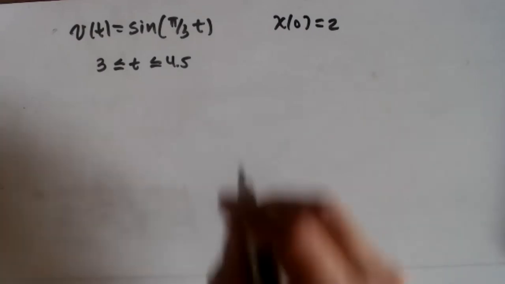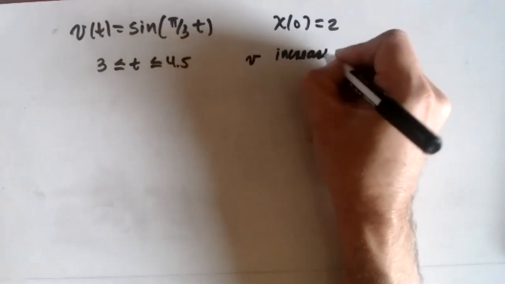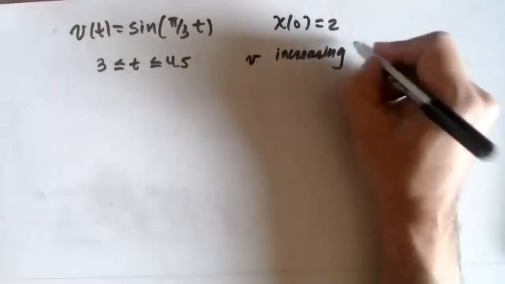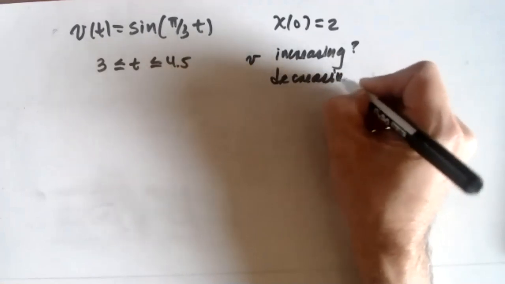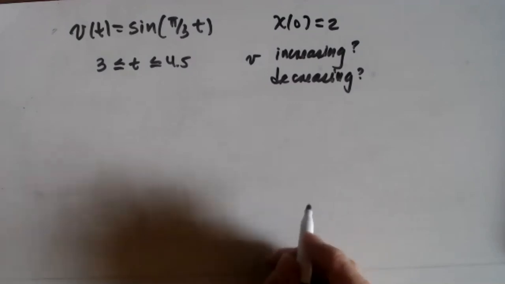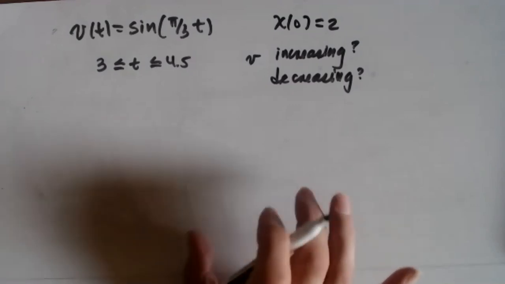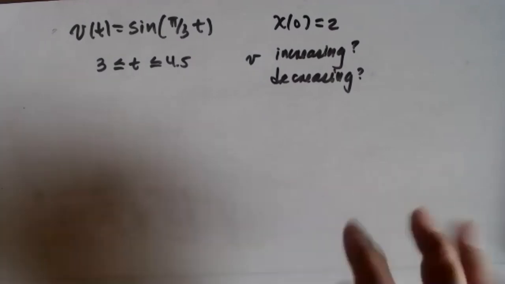It gives you how the graph is gonna look like on the original question, doesn't it? Decreasing. How? The acceleration. Acceleration, that's correct.